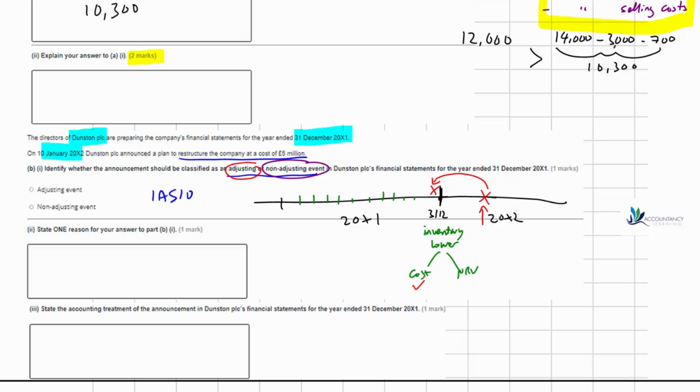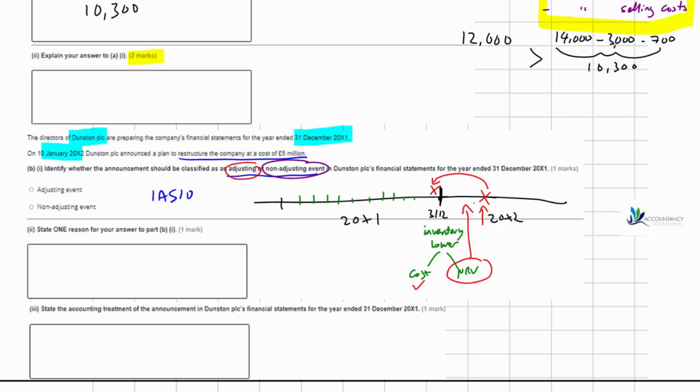But what about the net realisable value? As we discussed, the net realisable value relates to future events. So we can't actually calculate the net realisable value until after the year end anyway. Of course, we can try to estimate it, but it's quite likely that we will find out information after the end of the year. We can find out what the actual selling price is, the actual cost to complete, and the actual selling costs.